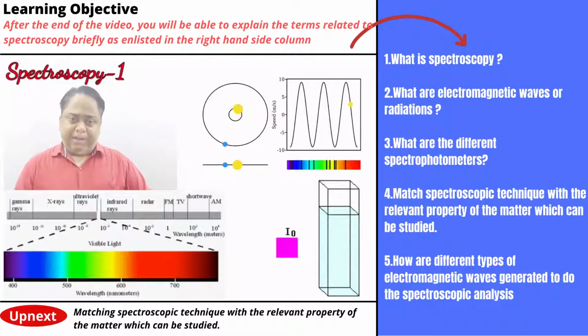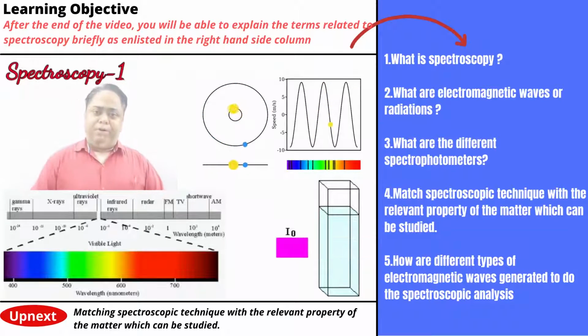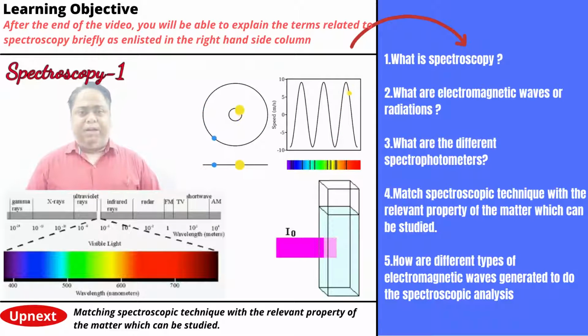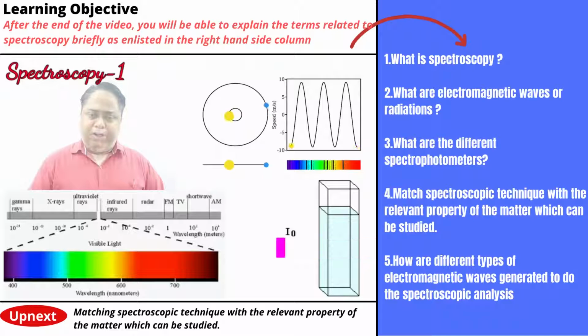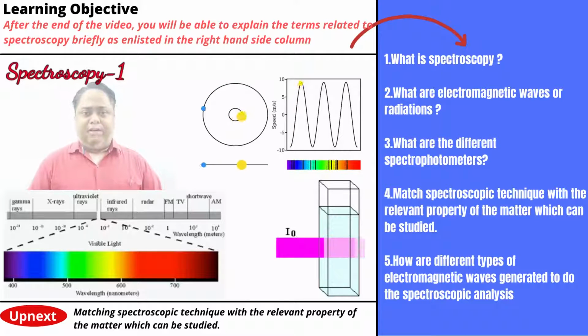So this MRI is also based on nuclear magnetic resonance spectroscopy. Then the X-ray which we do for our cracked bones is also a type of spectrophotometer. So these spectrophotometers are devices which produce a particular wavelength of light, according to which we analyze the structure of the molecule.